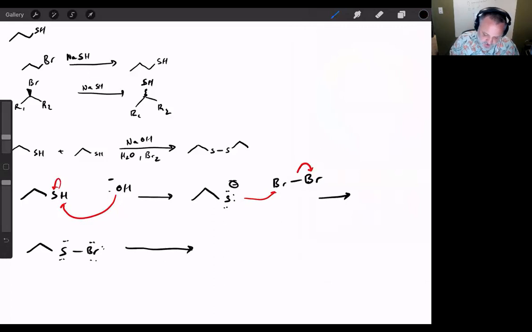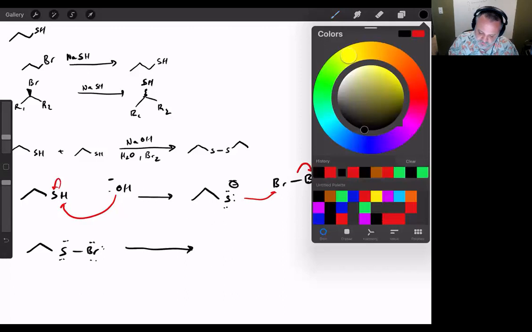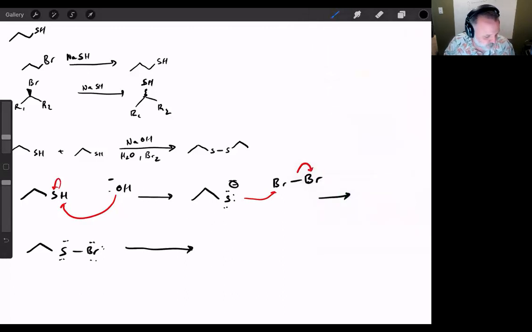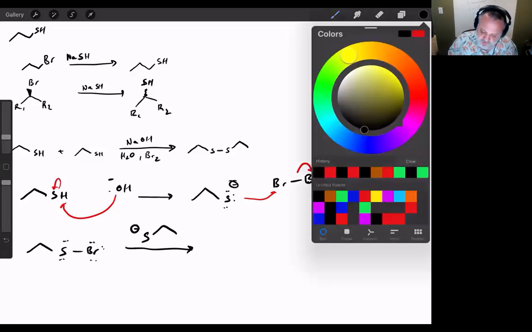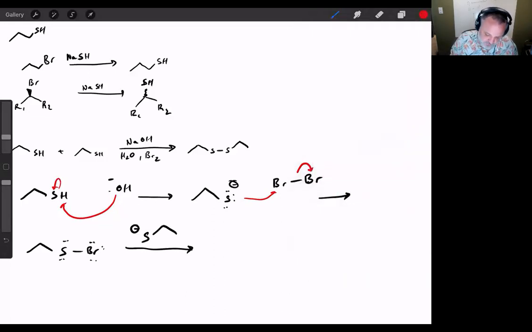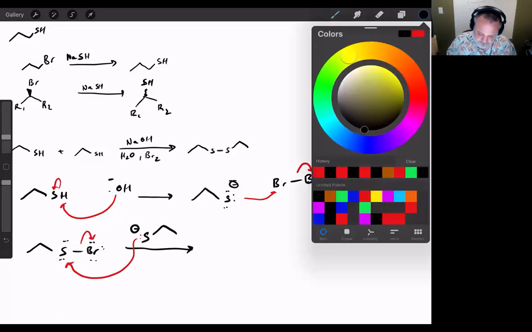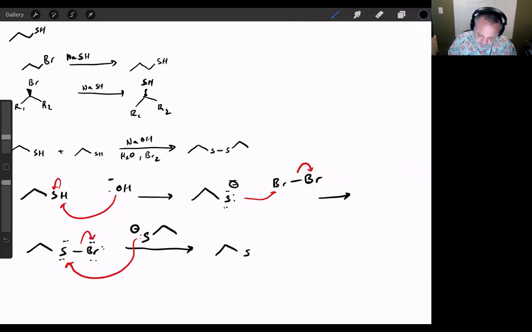And now I've got a nucleophilic sulfur ready to attack the other one. Now this is already deprotonated through the action of the hydroxide, and so it's ready to attack that sulfur and kick off the bromine. And that's what makes our disulfide bridge.